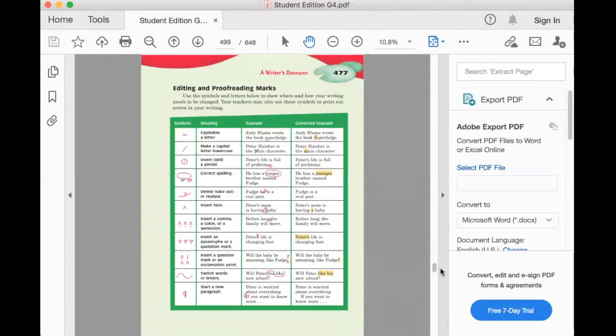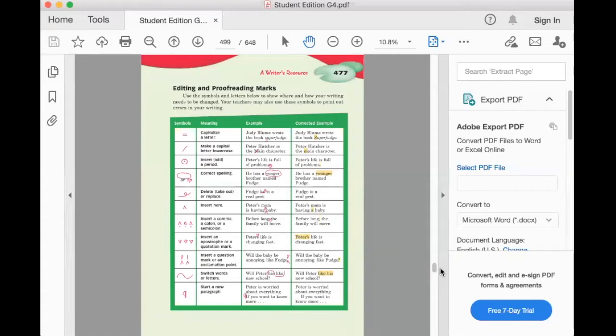And this would explain to you what people all over the world do. There are people that write, and then writers have editors, people that go in and look to make sure that the convention is right, to make sure that their spelling is right, their capitalization is right.